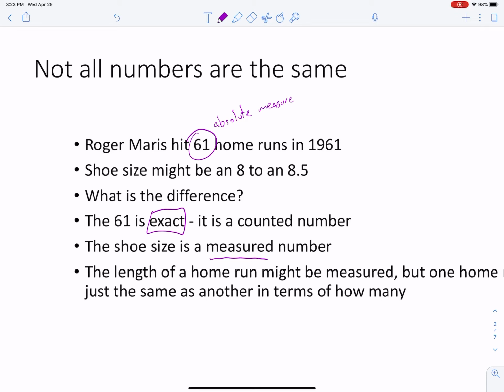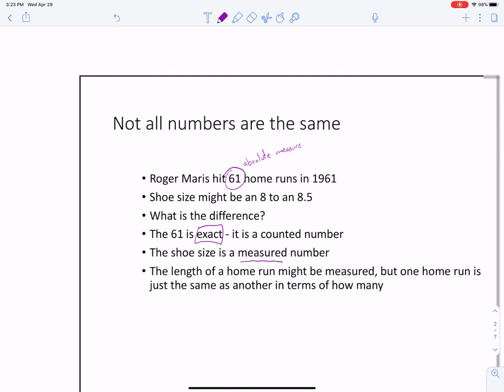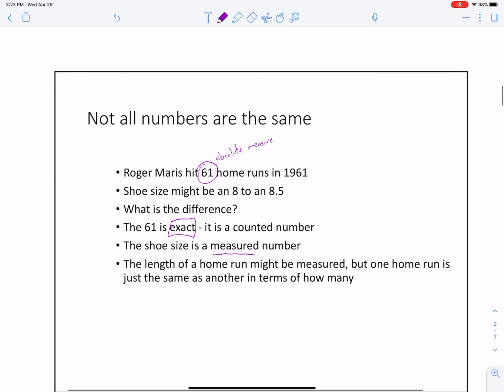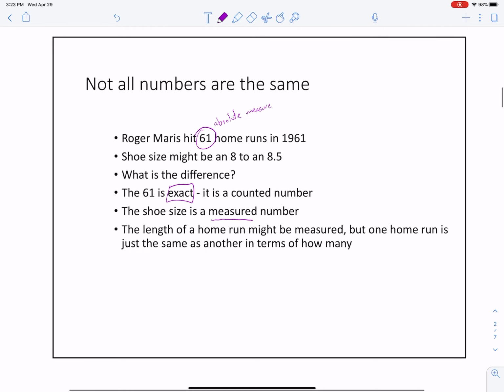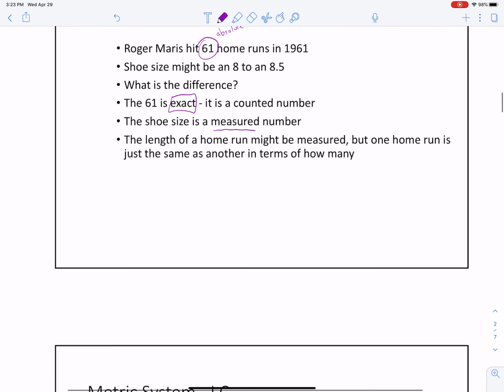So, while we might be able to categorize the length of a home run, where we can measure it, it's still not the same as just a home run. And so we've got to pay attention to how these numbers play out in terms of whether they are exact or whether they are measured.